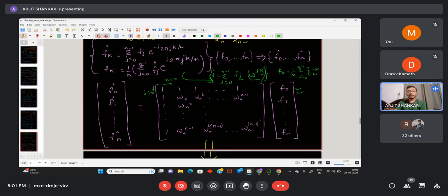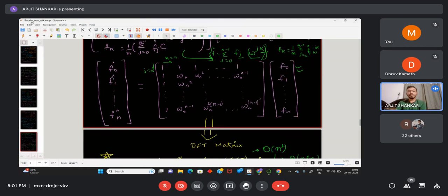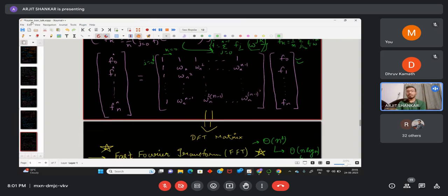Then you will get omega square, because k is equal to 1 and j is equal to 2. Similarly, you will move on to omega to the power n minus 1. In that way, you can define this whole matrix. This particular matrix is known as the discrete Fourier transform matrix.